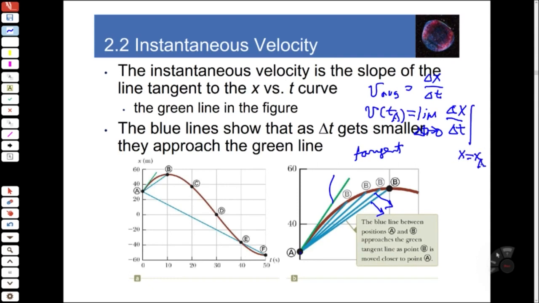Okay, so that is the mathematical definition of instantaneous velocity, and the geometrical meaning is that the instantaneous velocity at ta is the slope of this tangent line.